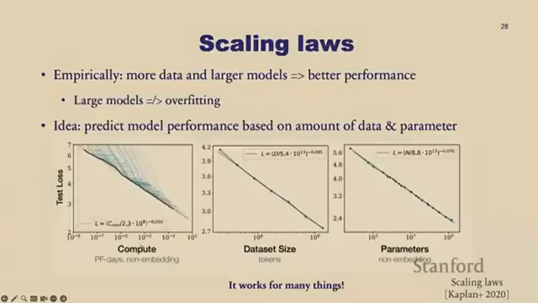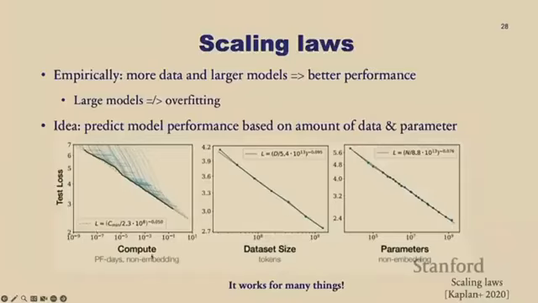On the x-axis is compute, how much compute you spent on training. Here you see test loss. It's not perplexity, but it's your validation loss, so it's the log of the perplexity. If you put these two on log scale, then you see that the scaling law is linear.